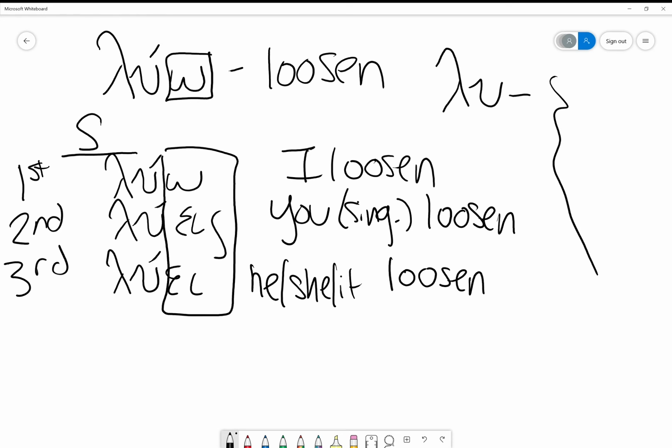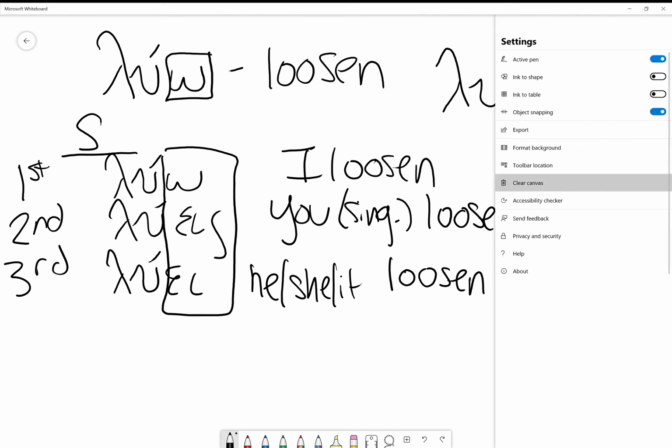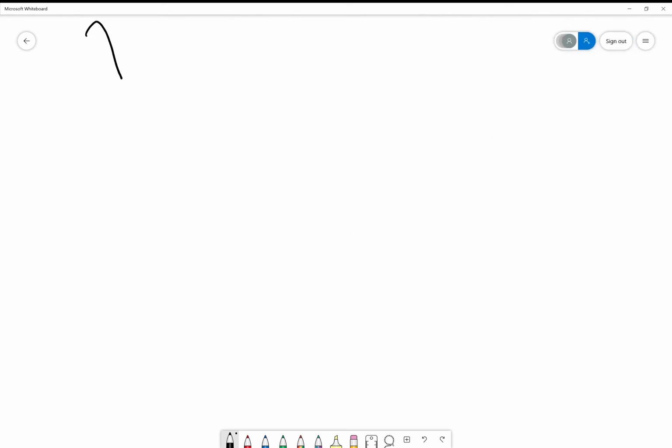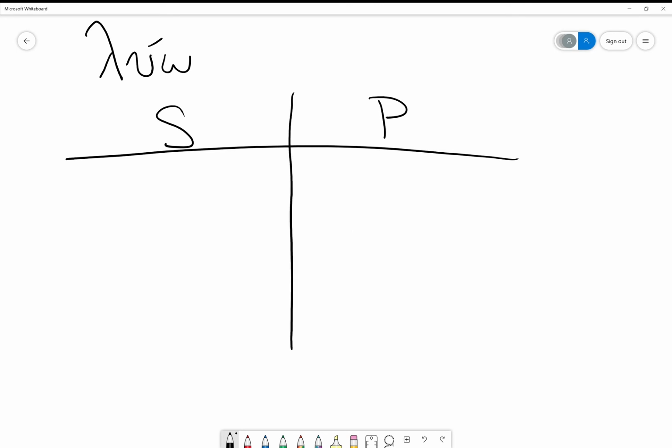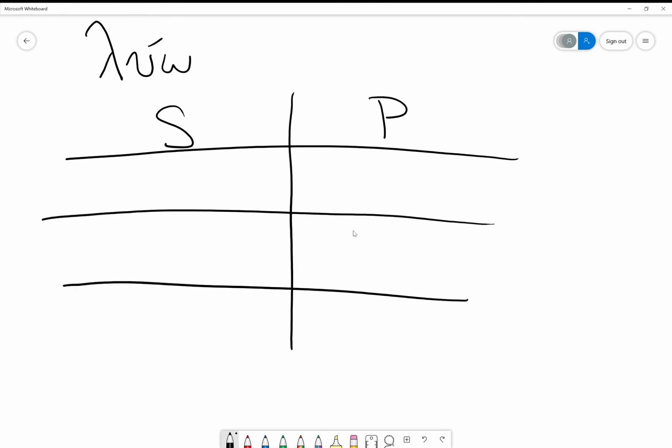And we also have plural. So let's clear our canvas again. Okay? So we have luo. And this is called a paradigm, where we break it out into its pieces and we can see how it functions. So we're going to put our first person here, second person here, and third person here, okay? If you're following along with Athenaze, you can find all of this broken down on page 48.